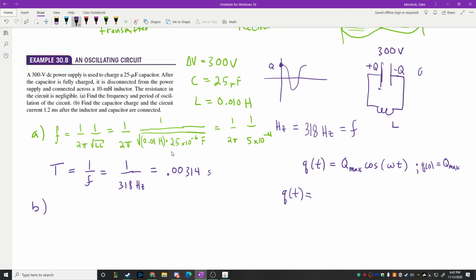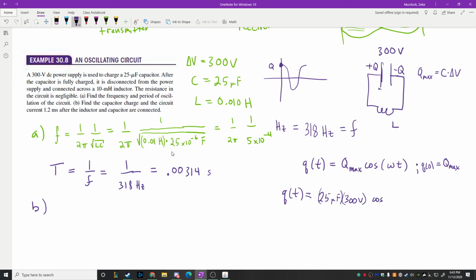So q max is going to be equal to basically just the capacitance multiplied by the potential difference. So that's equal to 25 microfarad multiplied by 300 volts.